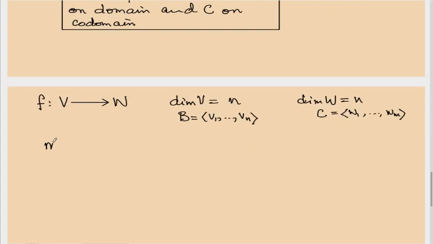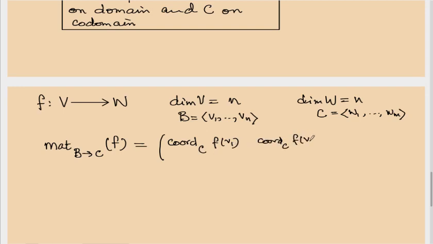So the matrix from B to C of F has coordinates in C of Fv1, coordinates in C of Fv2, and so on, up to coordinates in C of Fvn.